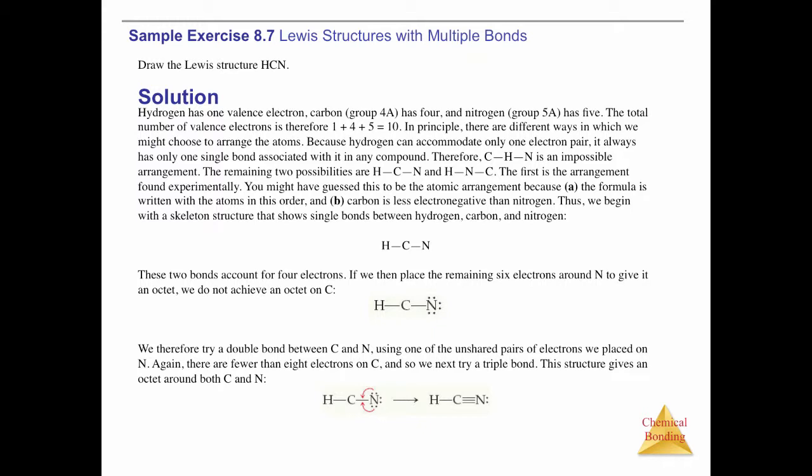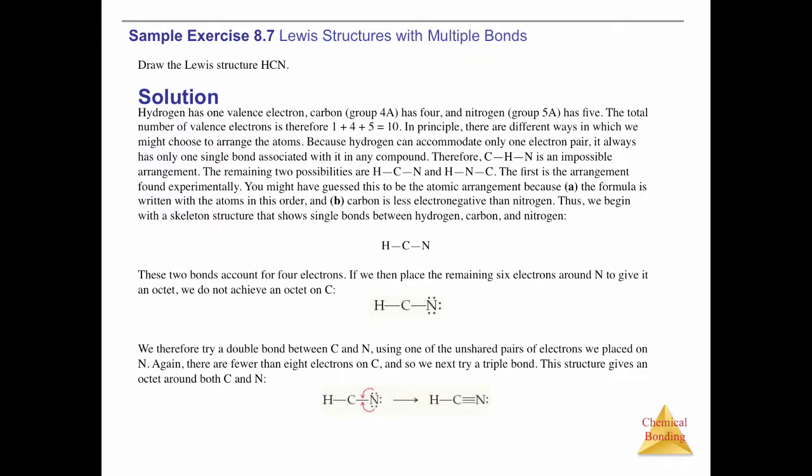Thus, we begin with a skeleton structure that shows single bonds between hydrogen, carbon, and nitrogen. These 2 bonds account for 4 electrons. If we then place the remaining 6 electrons around the nitrogen to give it an octet, we do not achieve an octet on carbon.